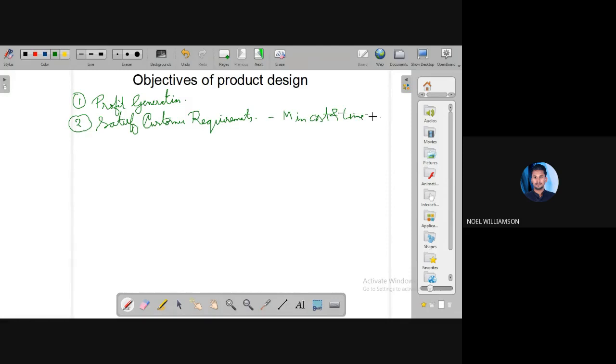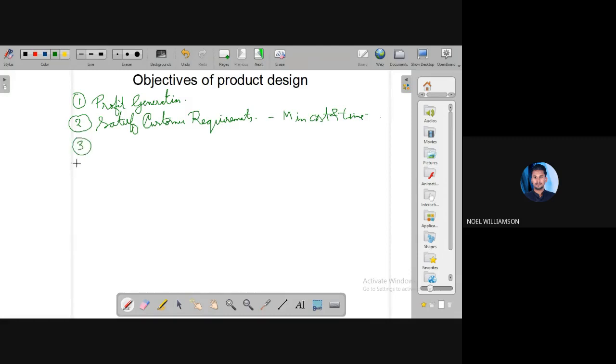Okay, so this is the second objective, that is to satisfy the customer requirements. The customer requirements should be satisfied, and also maximize the value of customer at minimum cost and time, that is optimization. This is the second objective.